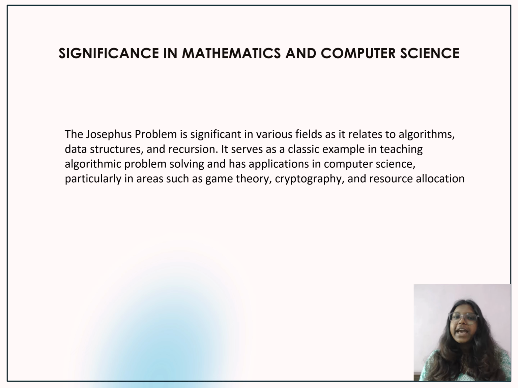So, why do we care about this puzzle? Well, the Josephus problem is a classic example of using logic and patterns to solve complex problems step by step. In computer science, many real world problems require removing elements in specific order.